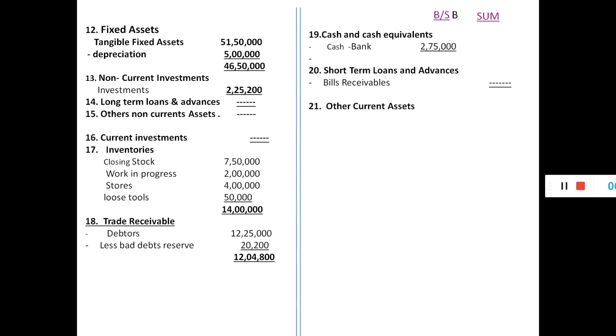Other current assets, note number 21. Advances 3,72,000 as per the sum. Staff advances 55,000 as per the sum. Total 4,27,000 will be shown in the balance sheet under the head of other current assets, note number 21.